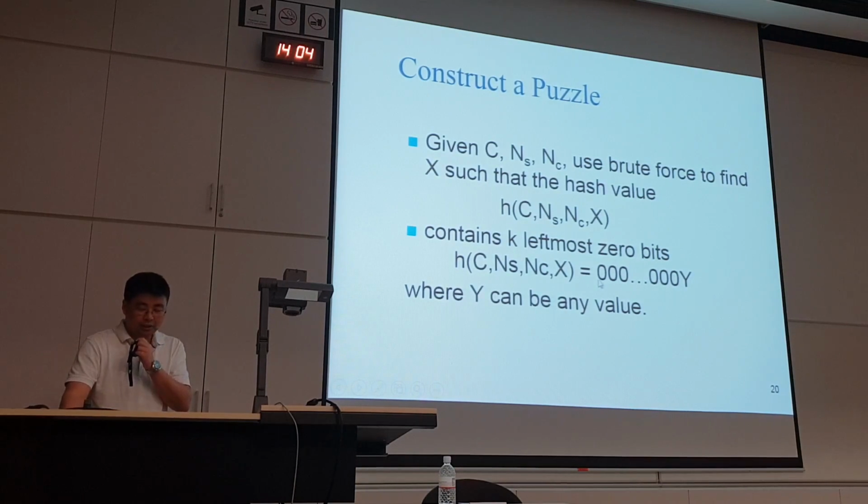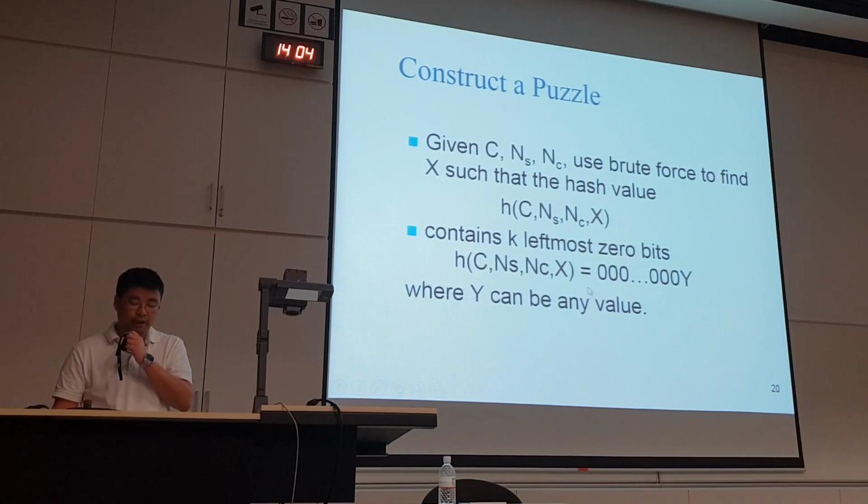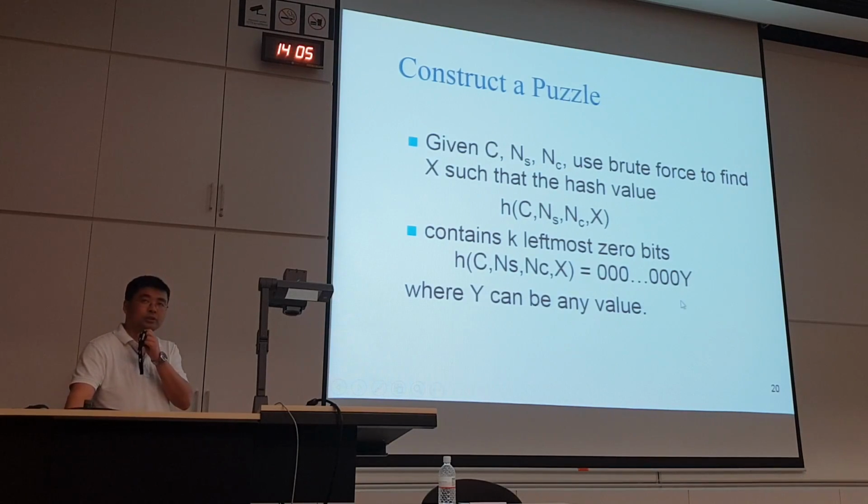That means if you need k 0 bits, you need to try 2 to the power of k different X on average. So you need to try so many X in order to generate an output which has k 0 bits in front, right?